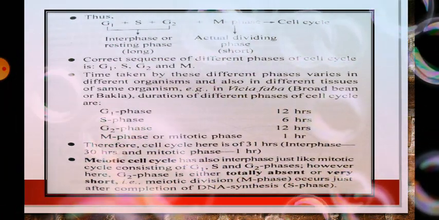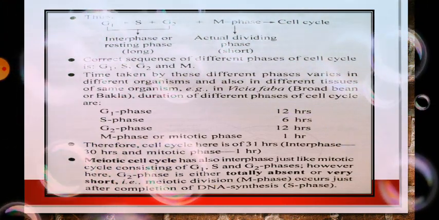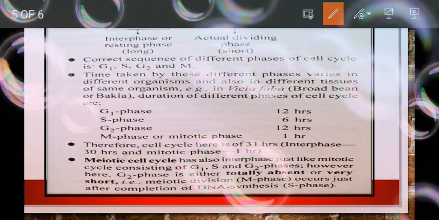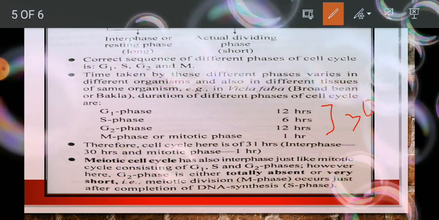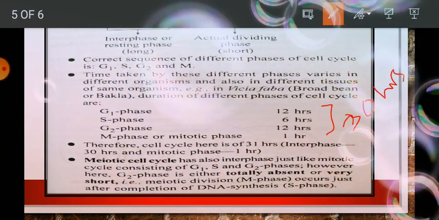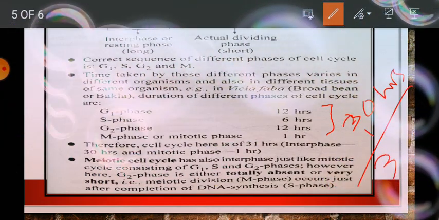Therefore the cell cycle here is 31 hours in total. G1, S and G2 are known as the interphase, which is 30 hours, and the remaining 1 hour makes a total of 31 hours.